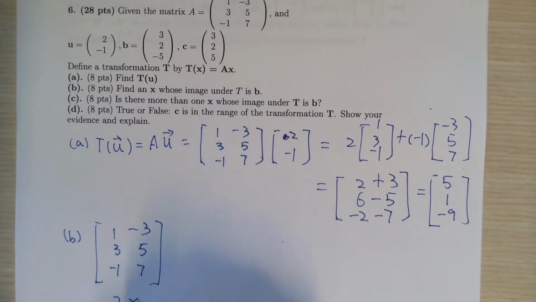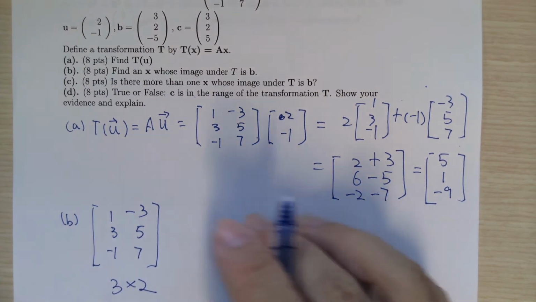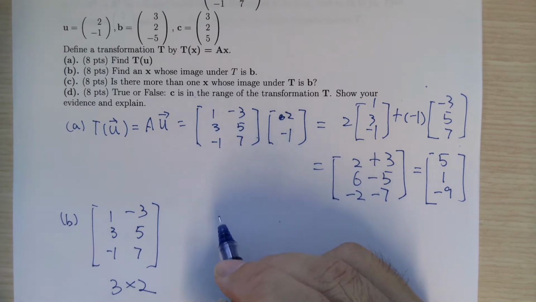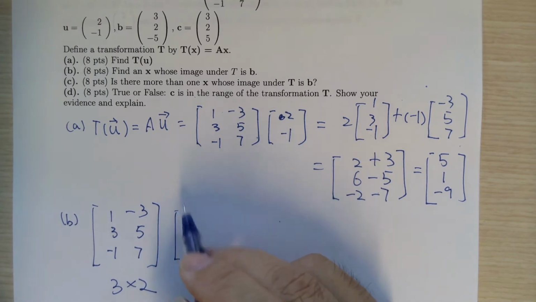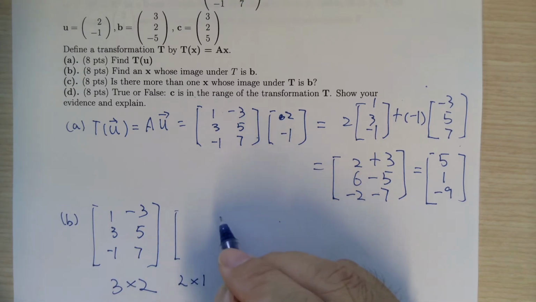So you have a 3 by 2, right? And then you want to have an x, which is a 2 by 1.